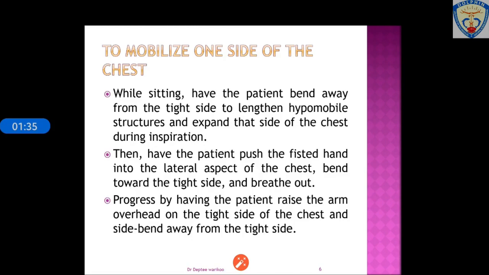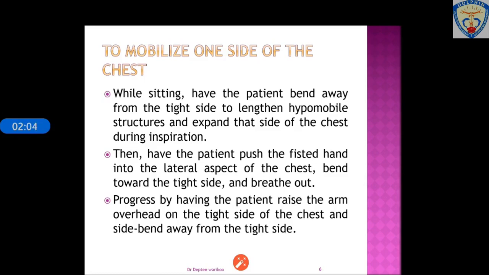The first technique we will see is to mobilize one side of the chest. While sitting, have the patient bend away from the tight side to lengthen hypomobile structures and expand that side of the chest as the patient inspires. Then, have the patient push the fist into the lateral aspect of the chest, bend towards the tight side, and breathe out.